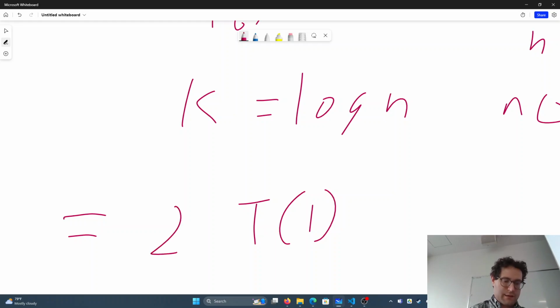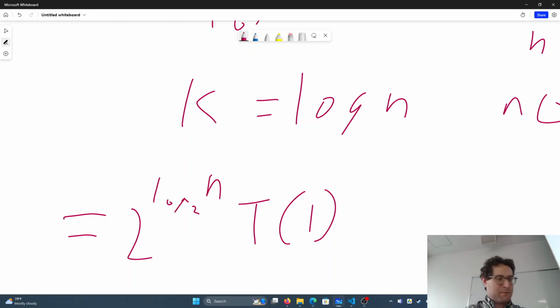How big does this 2 get? What's the exponent of 2? How many layers deep does it go? It goes K layers deep, right? So what is K? Log base 2 of n, plus, and then this gets to be K of n.